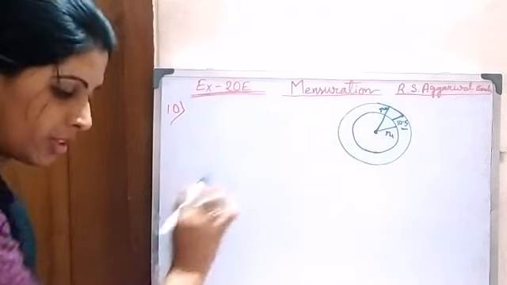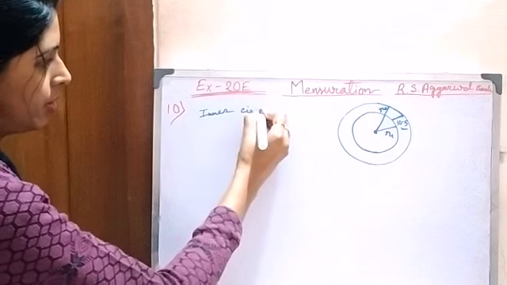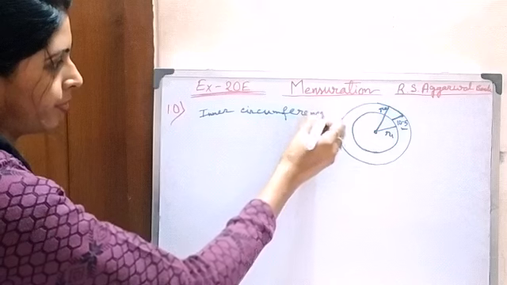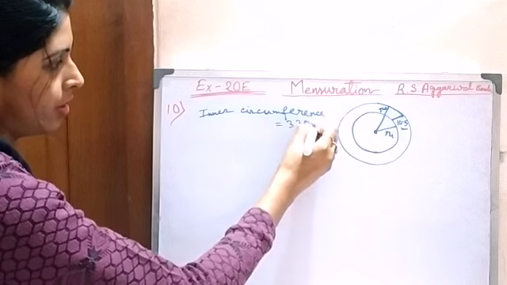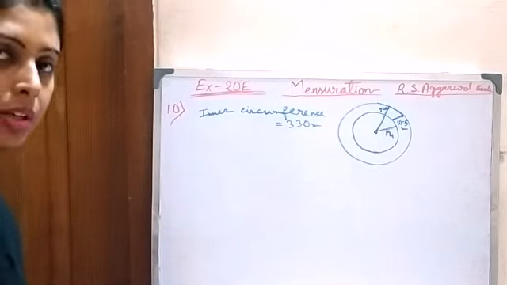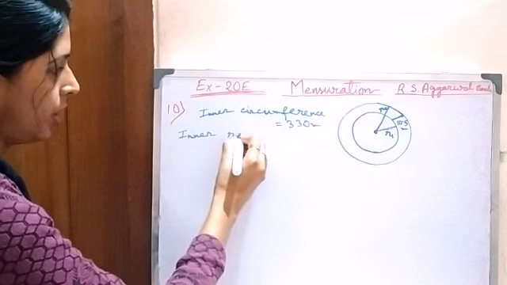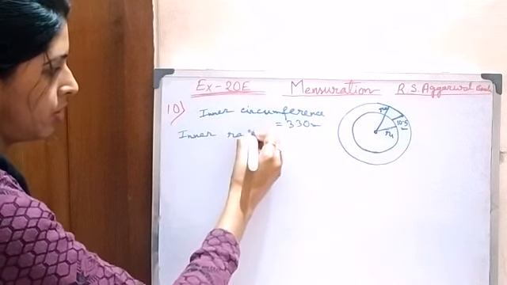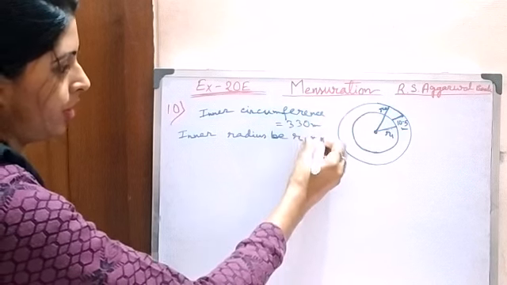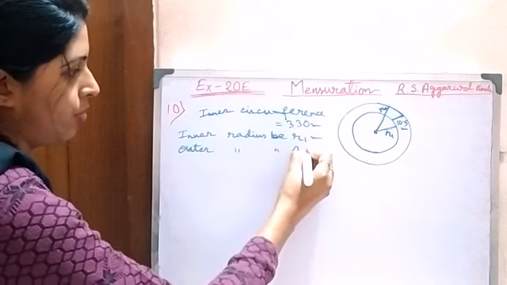So here inner circumference is given. Inner circumference equal to 330 meter. Let the inner radius be R1 meter, the outer radius be R2 meter.